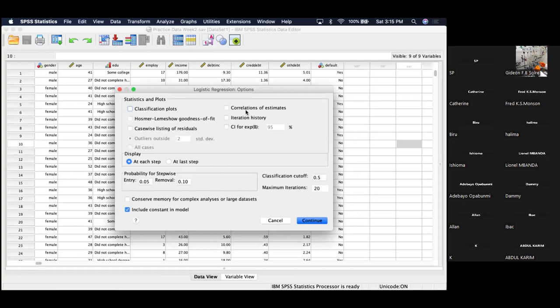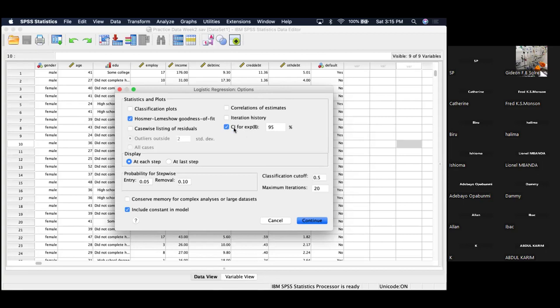Now, check the Hosmer-Lemeshow goodness of fit. Check this box. Also, check the confidence interval for the exponential beta, that's the odds ratios. We'll get to see that later.